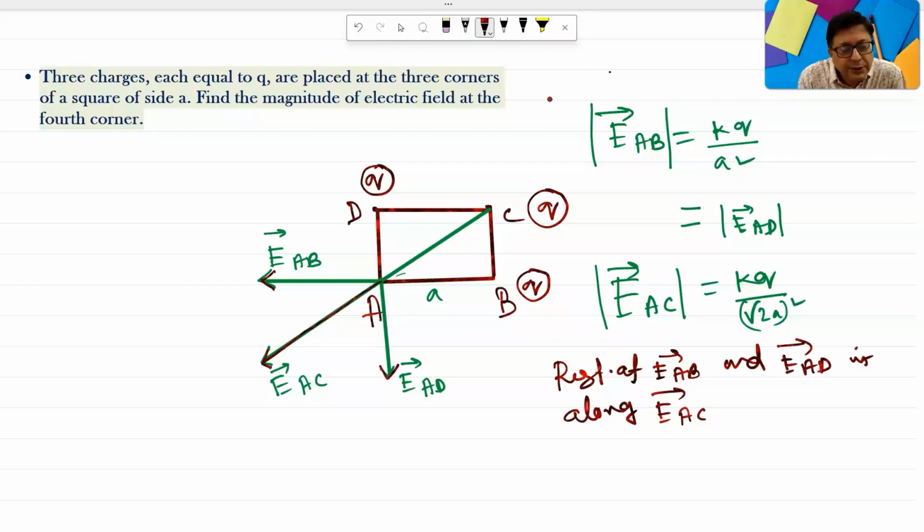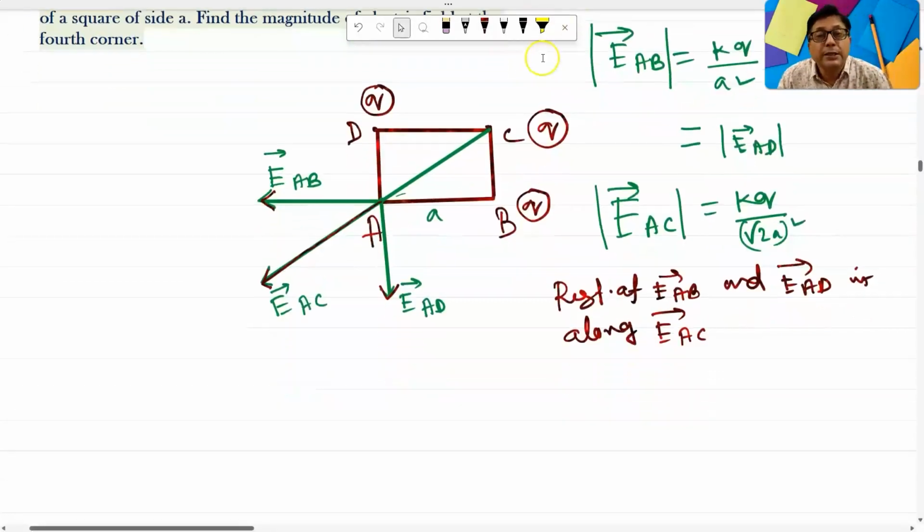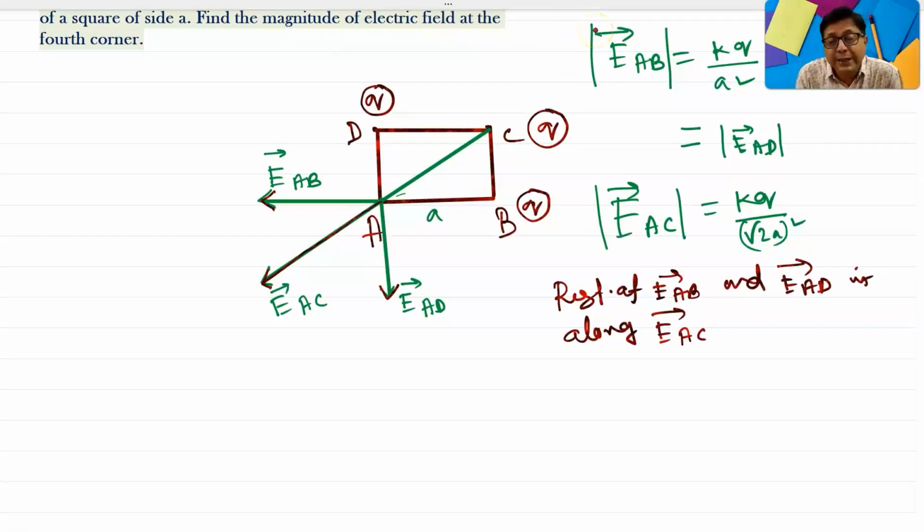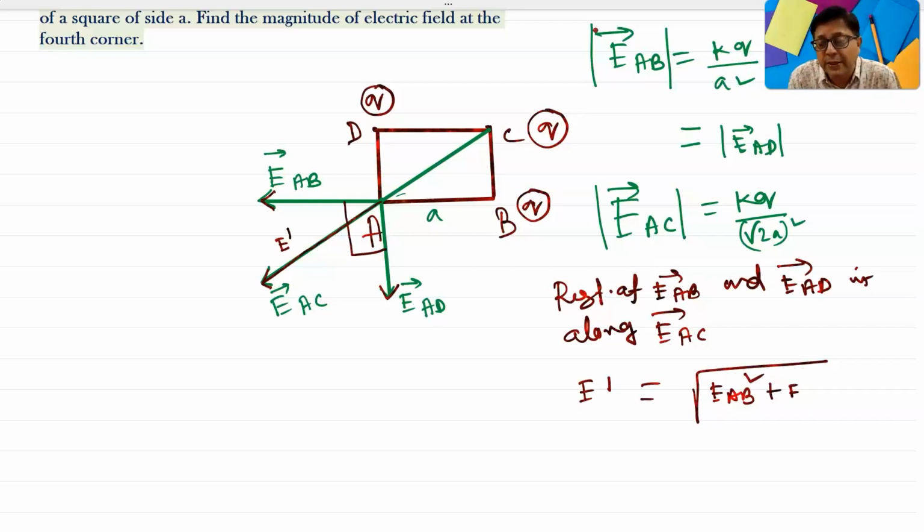So let us write the resultant of EAB and EAD first. That resultant we are taking as E dashed. So E dashed is going to be what? The angle is 90 degrees. E dashed is going to be under root EAB square plus EAD square, and since the angle is 90, cos 90 is 0, I am not writing that.